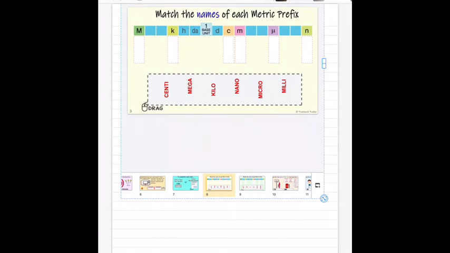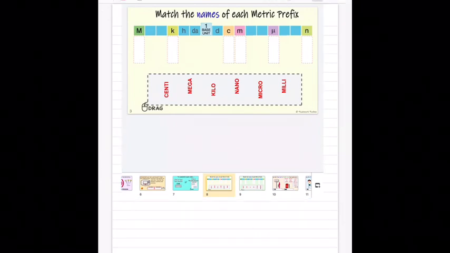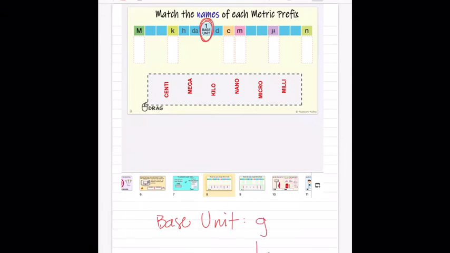When we talk about base units, which is this right here, a base unit is a gram, a liter, or a, what's the other one? Meter. Those are the 3 units that we use. So these are the 3 base units. They don't have any prefixes or suffixes or anything like that.